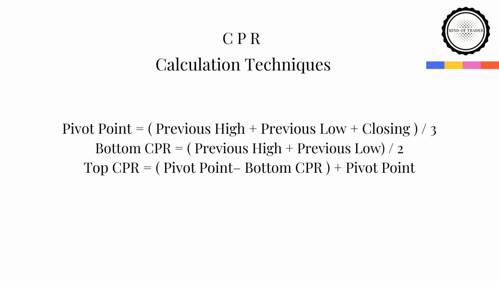Then for the top CPR: previous day pivot point minus bottom CPR, plus the pivot point. Whatever three figures come, you simply put a line there and you have a CPR. You don't have to calculate these figures; they are available on most trading platforms, including Zerodha and Upstox.